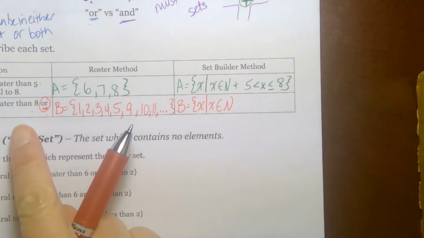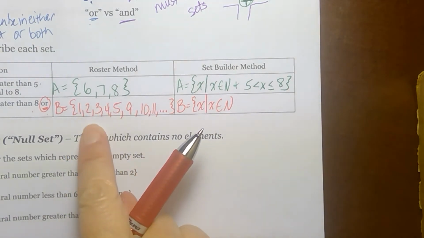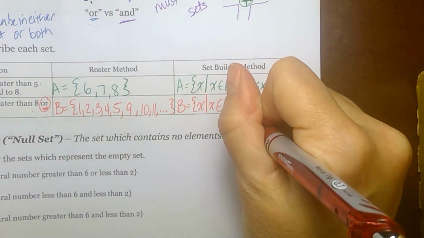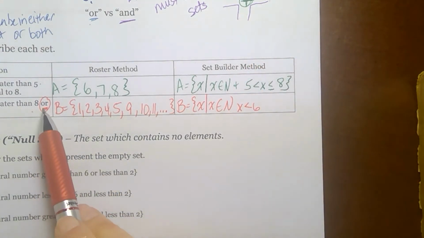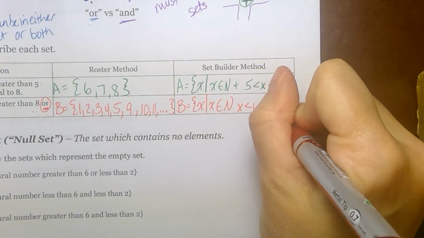And then we have two inequality statements. Let's start with the one that is less. We're going to say X is less than 6. Then we have or, so we need to use our union symbol.